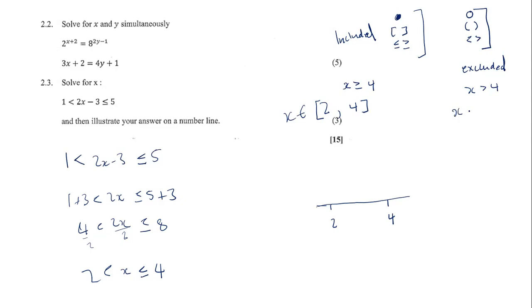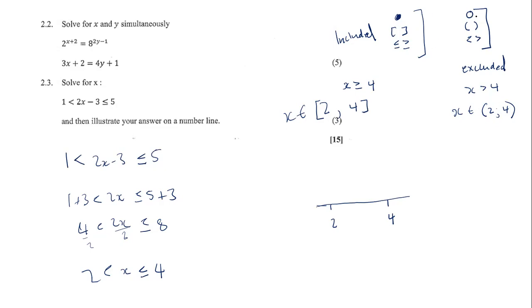But when I say x is an element of the round brackets (2, 4), maybe the domain of a certain function, that means 2 is not included. It shows that x is any value between 2 and 4, but 2 and 4 are not included because I used round brackets.